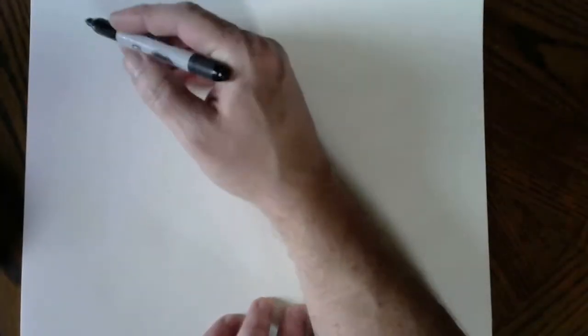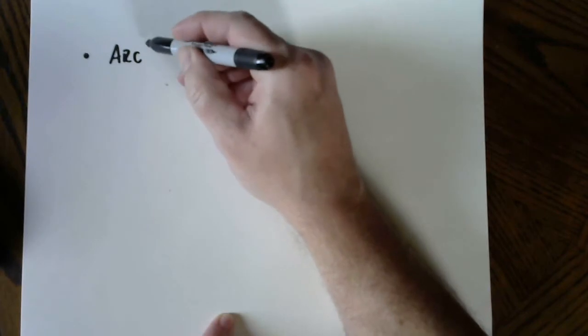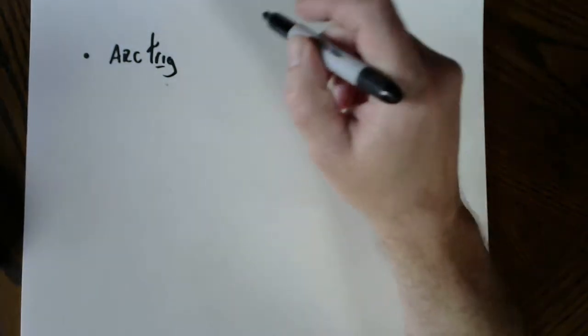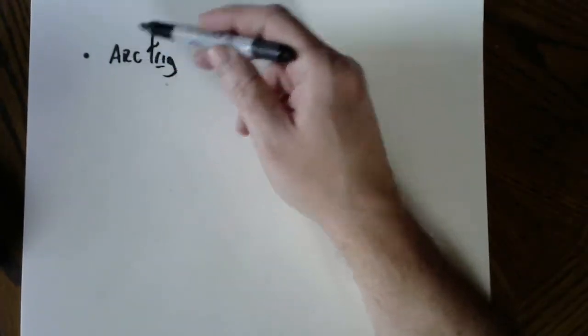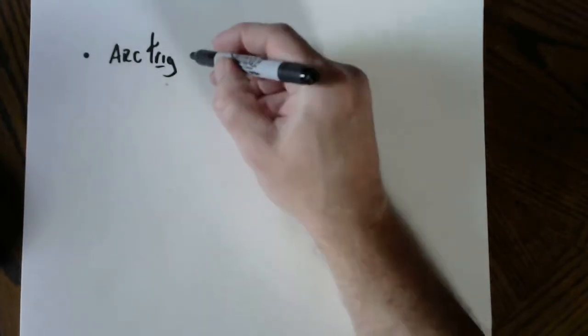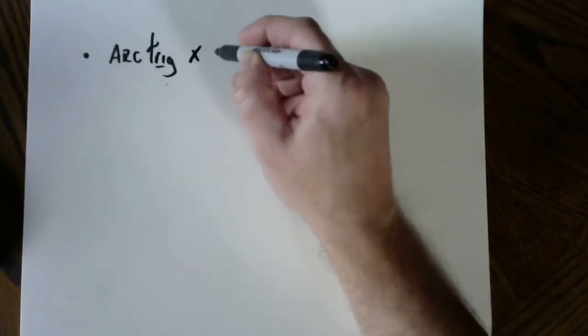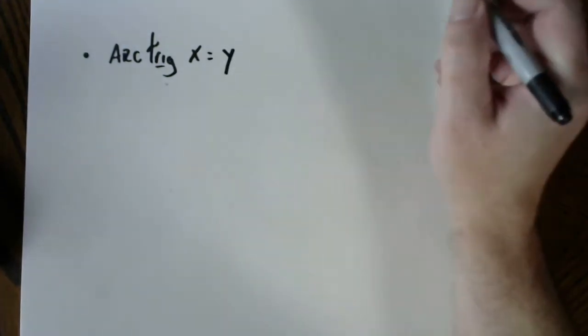So if I have, I'm going to write this in a sort of strange way, but I'm going to say arc trig. So this is my way of representing all three at once. Arcsine, arccosine, arctangent. It doesn't matter. What I'm about to write applies to all three. So the arc whatever, arcsine, cosine, or tangent of x is y. So how do we evaluate that?